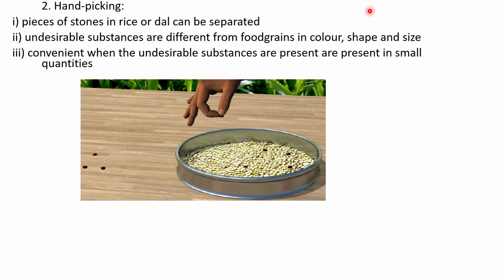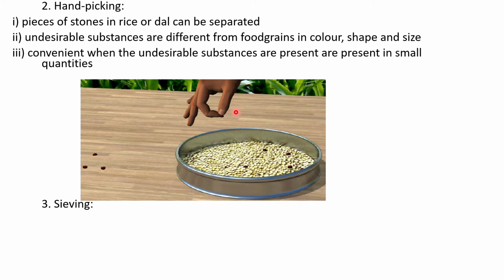So on the basis of this, okay, this is another method of separating solids from other solids, है ना? So hand picking, ये कभी convenient रहेगा तभी जब undesirable substance small quantity में है, ठीक है? अगर बहुत सारा है, so it would be time consuming and it would be worthless. Okay, so hand picking is convenient when the undesirable substances are present in small quantities.